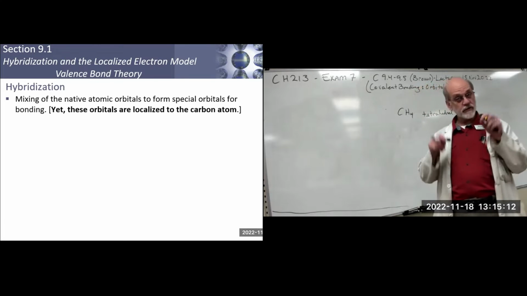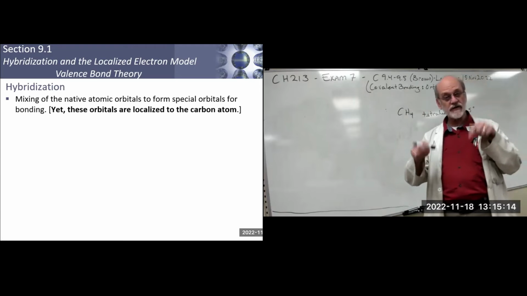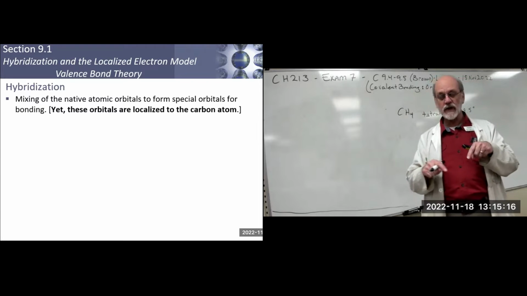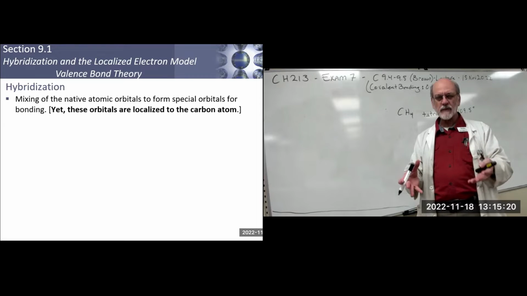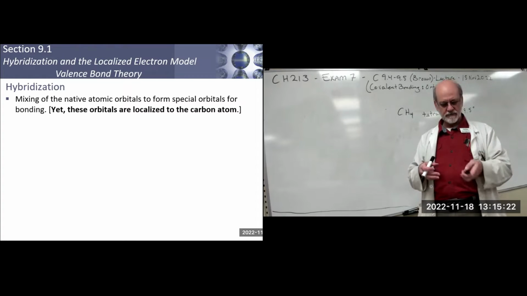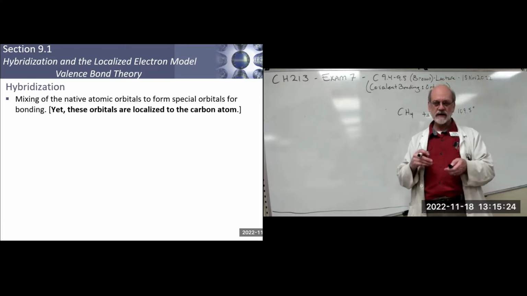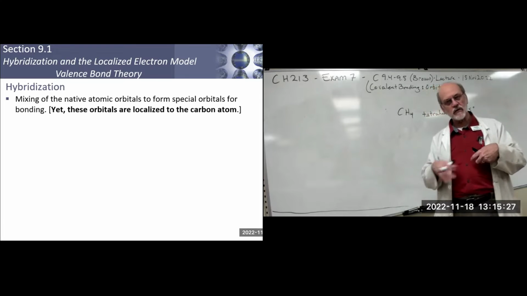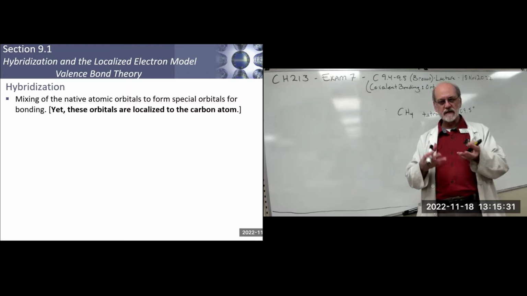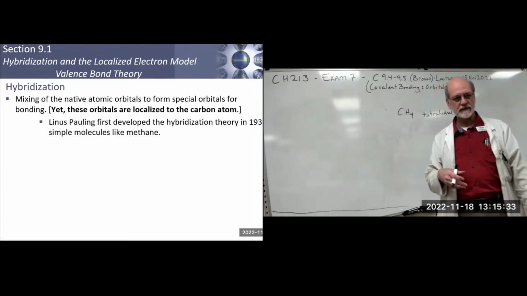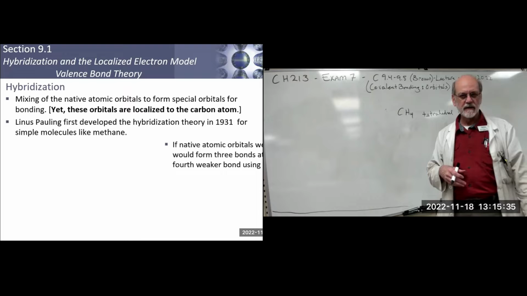But those orbitals are still localized on the central atom. Right? So we haven't violated that assumption for the theory. They still belong to carbon, only now, because they've entered into an arrangement with 4 hydrogens, then they had to be modified. Right?